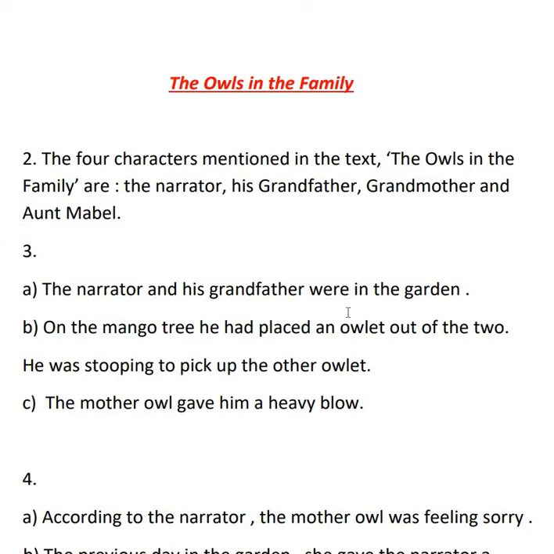What had he placed on the mango tree? On the mango tree, he had placed an owlet out of the 2. That means there were 2 owlets and he placed one of them on the mango tree. What was he stooping to pick up? He was stooping to pick up the other owlet. Okay. The next question, question number 3C. Who gave him the heavy blow? The mother owl gave him a heavy blow. Okay. Number 3 is done.